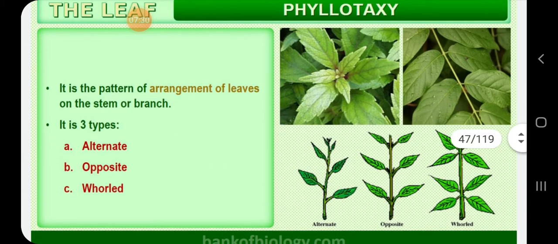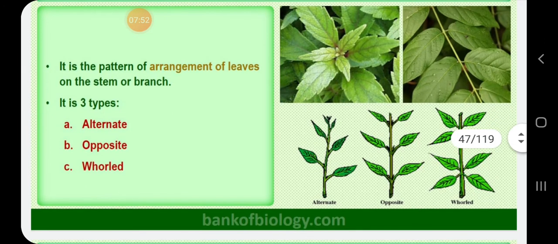Alternate, when the leaves are on alternate positions on opposite sides, and opposite means the leaves are exactly on the opposite side, and whorled, at a node many leaves are present. Opposite, two opposite leaves are there at the node, and alternate, at every node there will be a leaf but on alternate sides.